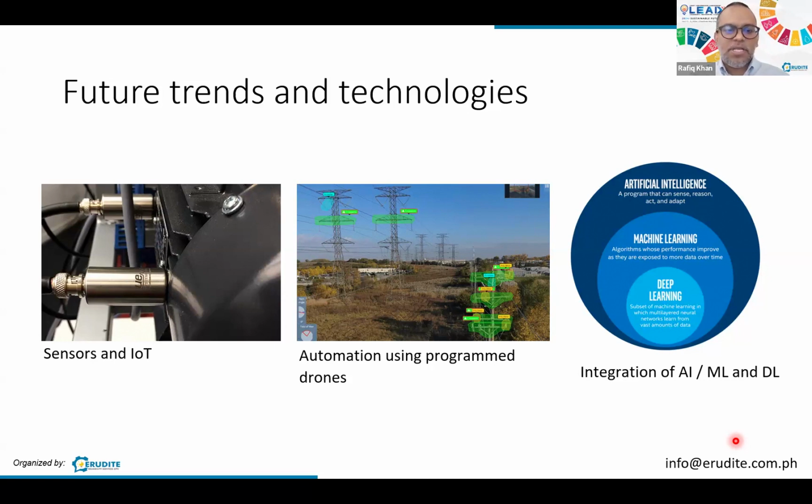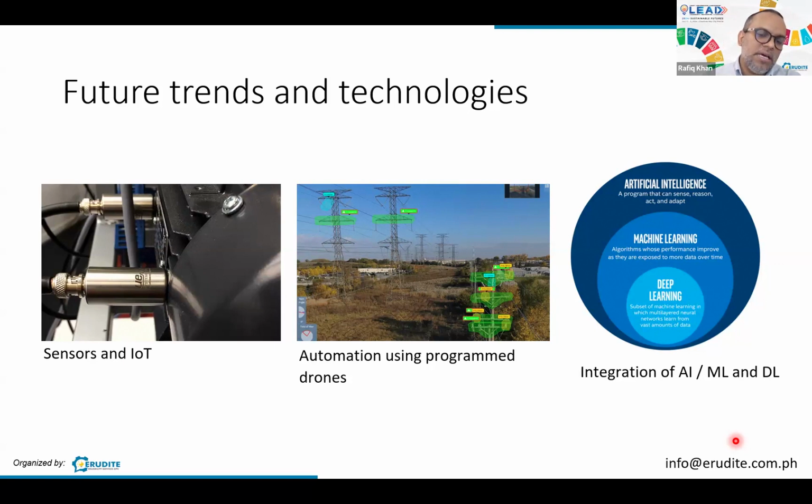Another nice example is the automation of transmission line monitoring using drones. So what they do is they preset a program for drones to travel, let's say 20 kilometers a day. You don't even have a pilot. The drone does its own flying.